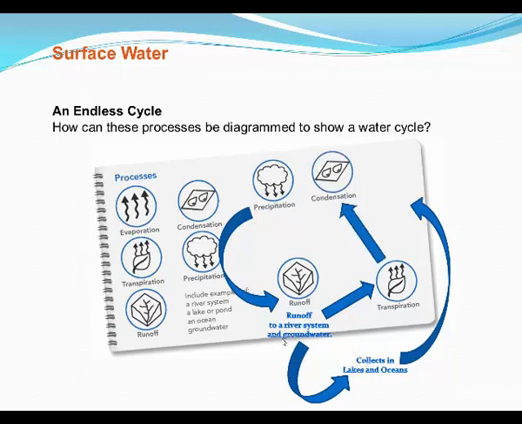As water transpires into the atmosphere from plants, condensation can occur in the atmosphere. The water that collects in lakes and oceans can go through the process of evaporation. Evaporation causes water vapor to end up in the atmosphere. And then that evaporation eventually leads to condensation. Condensation then eventually becomes precipitation.